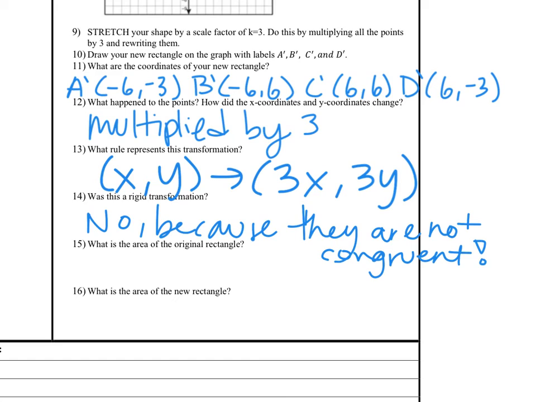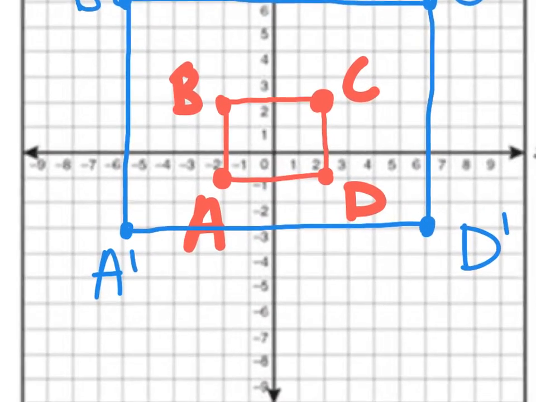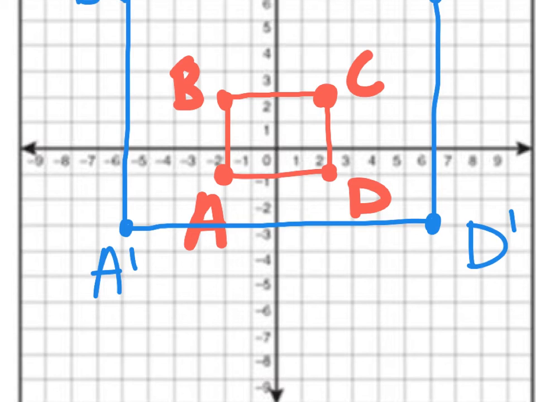Okay, last 2 questions, and you have questions like this on your homework, so we need to make sure we understand them now. What is the area of the original rectangle? Remember, the area is just the amount of space on the inside. You could just count the squares: 1, 2, 3, 4, 5, 6, 7, 8, 9, 10, 11, 12.